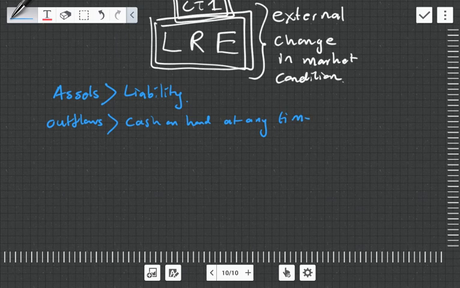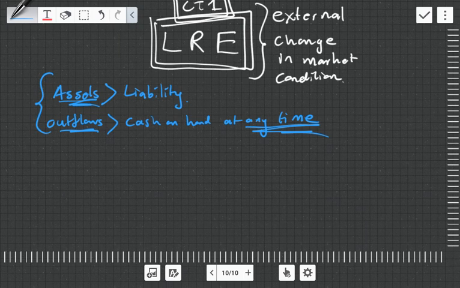What makes it quite scary is this "at any time". You also have to consider the duration. It's great if your assets are more than your liabilities, but it can still be problematic if you have some early outflows in the beginning and your assets are only coming in at the end. Then it can cause a business to go into liquidation.